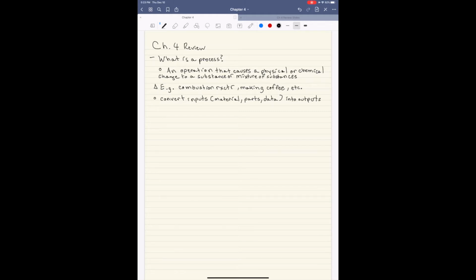Right? And so there's many different types of processes out there, and you could distinguish them based on various factors. One of the most common ways you could distinguish between different types of processes is by looking at their time dependence. Okay?